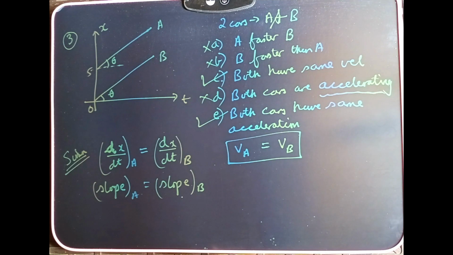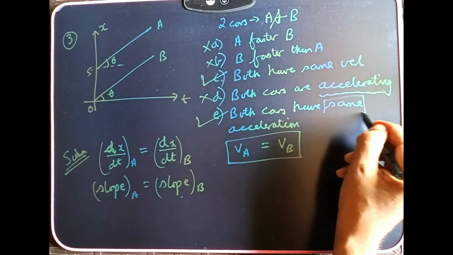Because it's a straight line, it implies that the acceleration of both cars is zero. And because the acceleration of both cars is zero, that's why they have the same acceleration.